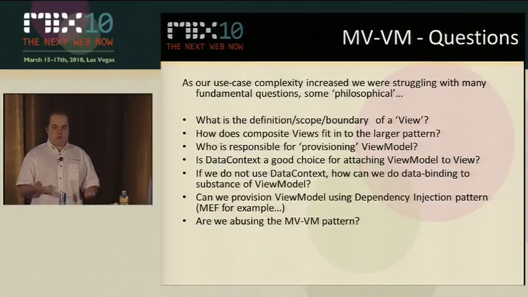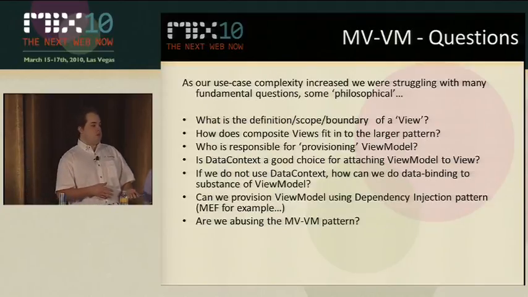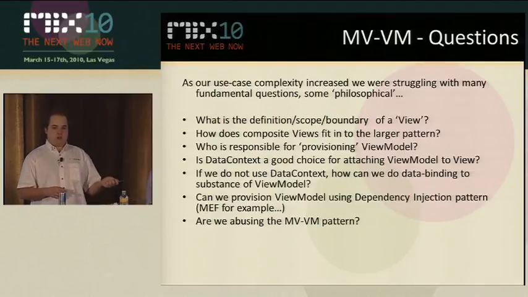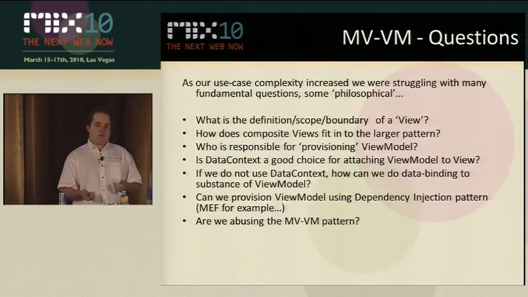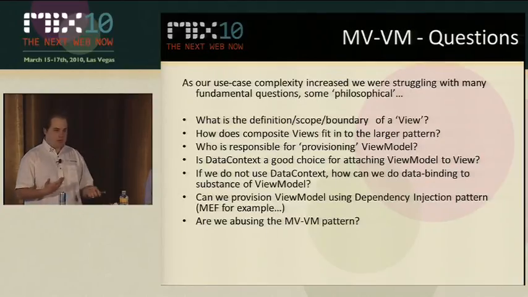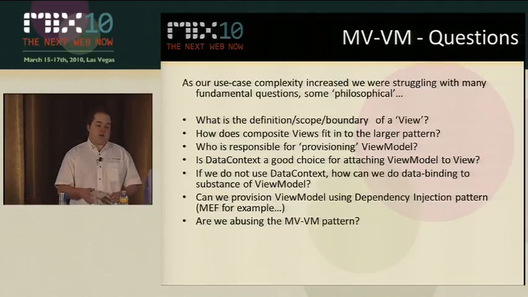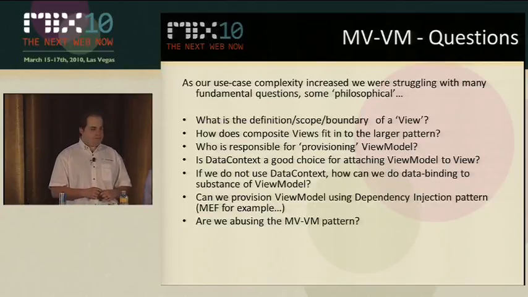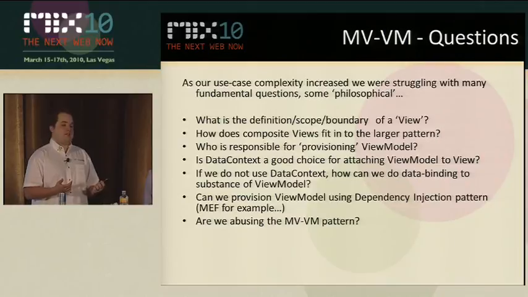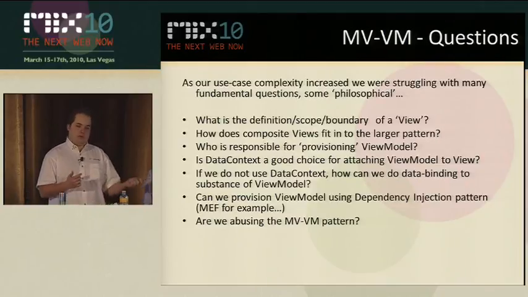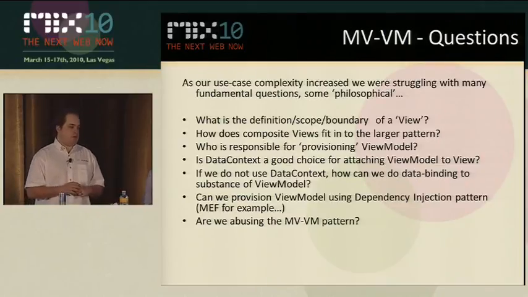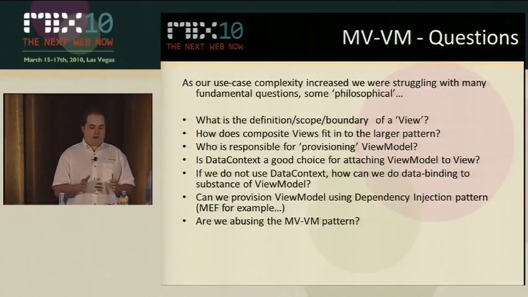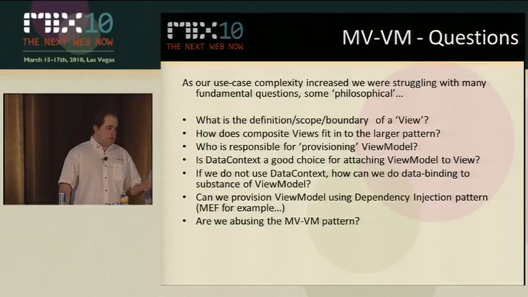Ultimately, who's responsible for provisioning the view model? Is the data context a good choice for attaching view model to a view in these composite view scenarios? If we don't use data context, what are our other options in terms of being able to data bind? Can we provision the view model using some sort of dependency injection pattern? And ultimately, no matter what we do, we don't want to abuse the pattern itself.